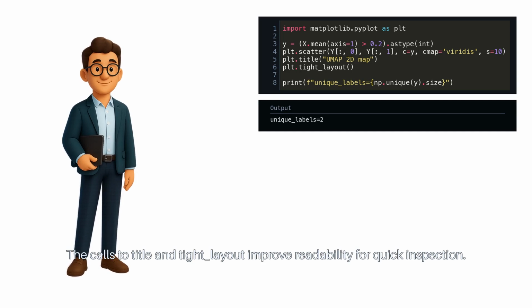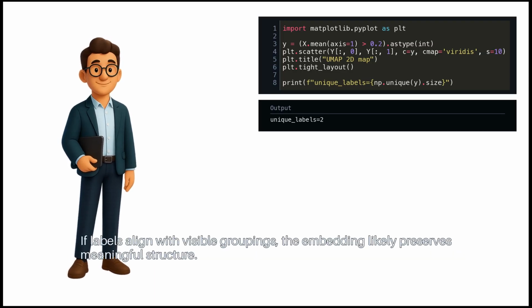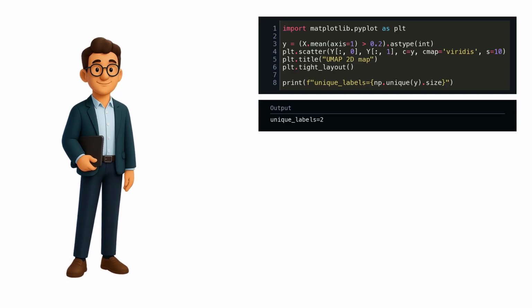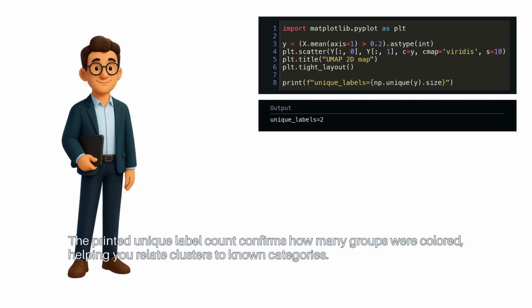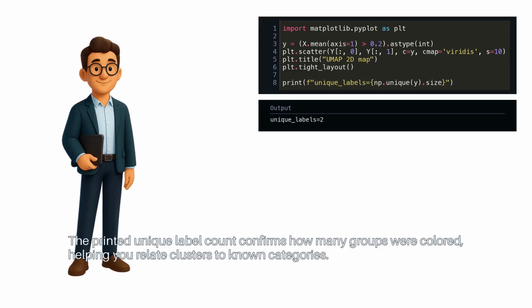The calls to title and tight_layout improve readability for quick inspection. If labels align with visible groupings, the embedding likely preserves meaningful structure. The printed unique label count confirms how many groups were colored, helping you relate clusters to known categories.